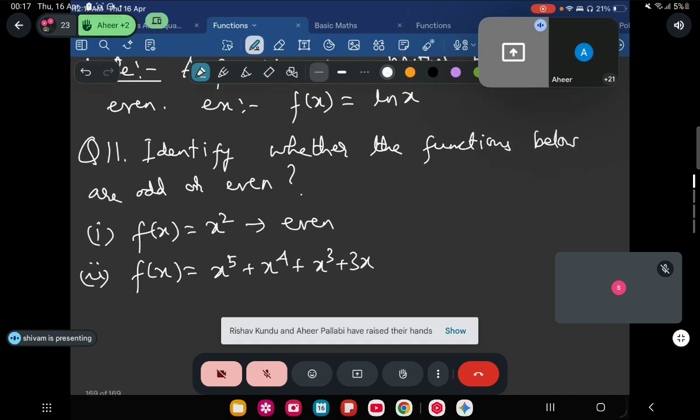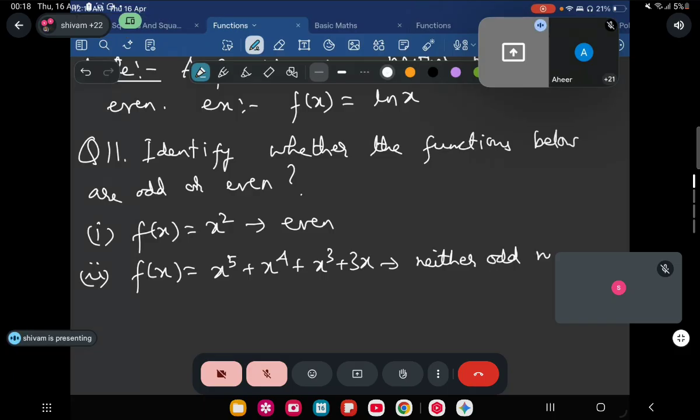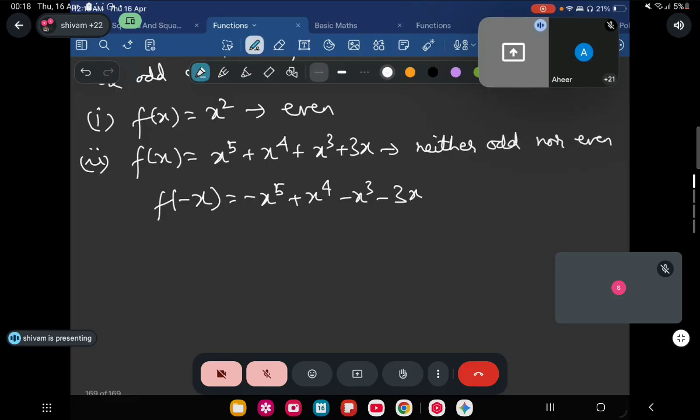So neither odd nor even. Yes, like I said, a function can be neither odd nor even. Why? You see, f of minus x is equal to minus x to power 5 plus x to power 4 minus x cube minus 3x. We cannot say what is happening over here.